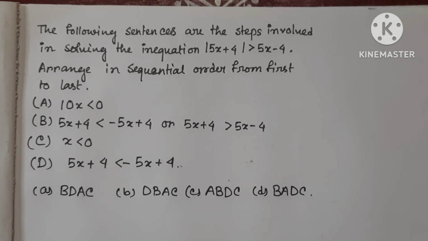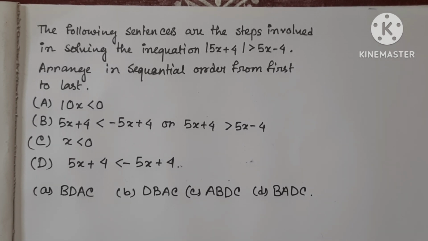Now see this question. The following sentences are the steps involved in solving the inequation mod of 5x plus 4 greater than 5x minus 4. Arrange in sequential order from first to last. Steps are given. Step A, that is 10x less than 0. Step B, 5x plus 4 greater than 5x minus 4.